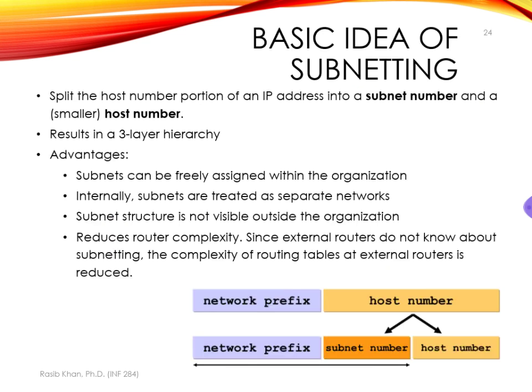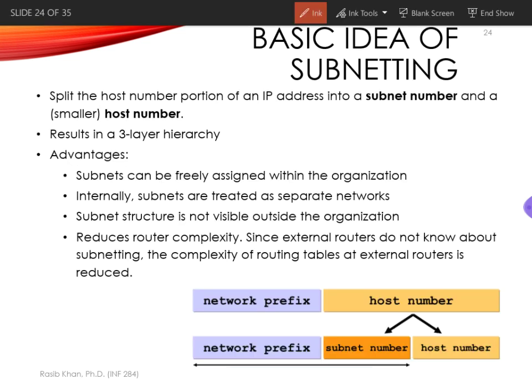So the basic idea of subnetting is that we would like to split the host portion of the IP address into a subnet number. So now we have what we call a 3-layer hierarchy, compared to the previous 2-layer hierarchy where we only had the network prefix and the host number.